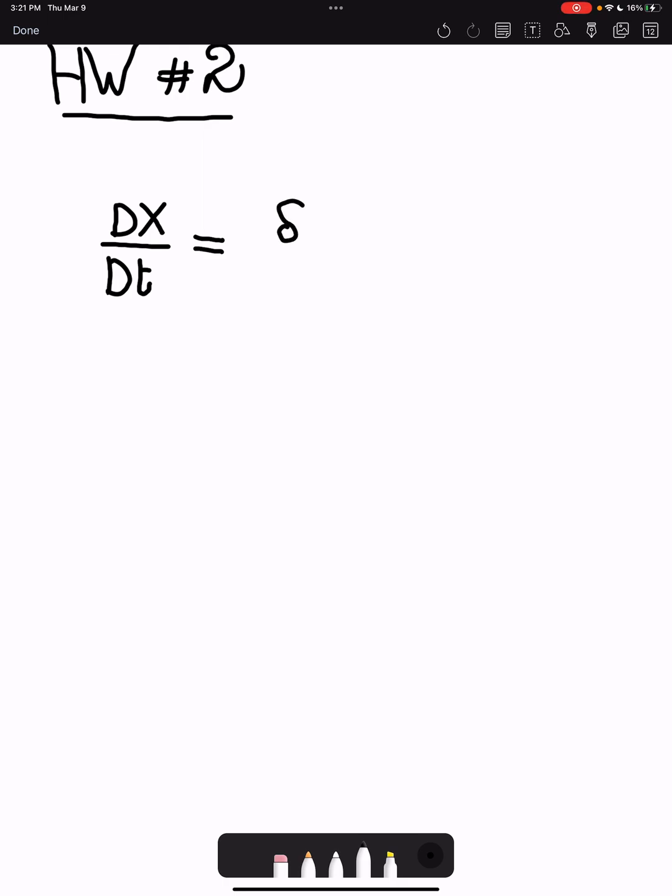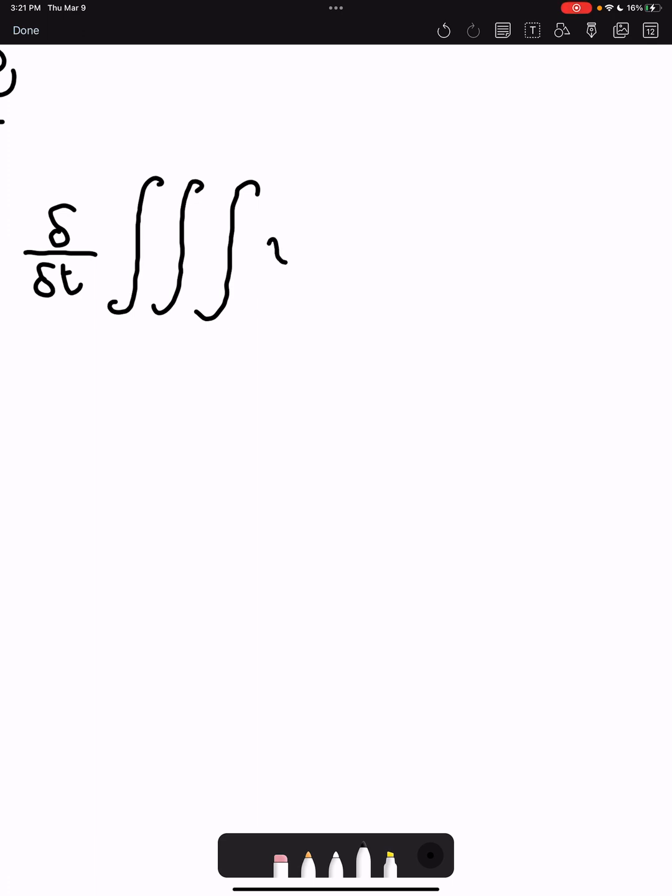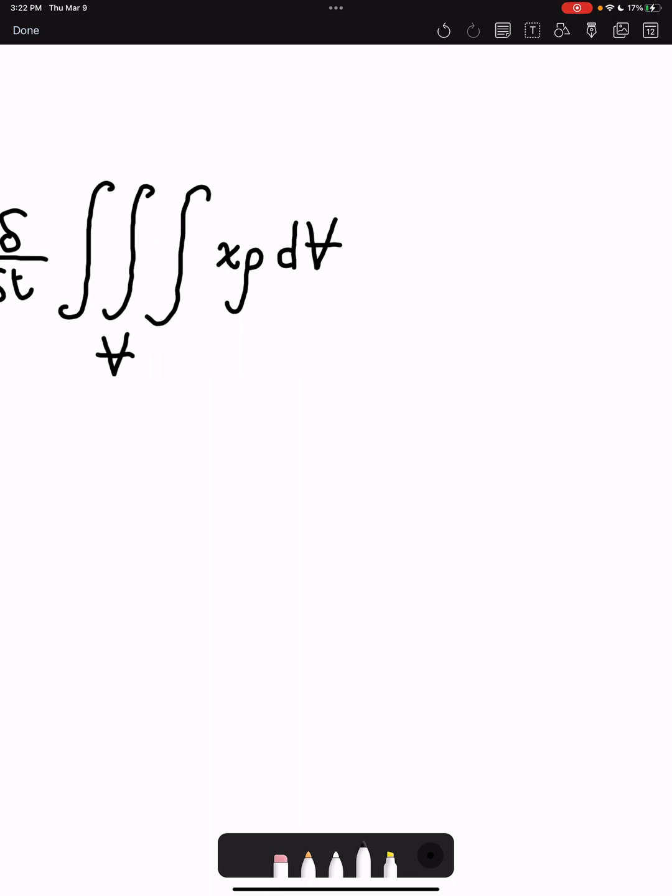So now we have the derivative with respect to time of a triple integral. And this triple integral is x, which is our generic value, times rho, which is the symbol for the density inside of this control volume, at every little bit of the control volume. And we're going to integrate this over the control volume.